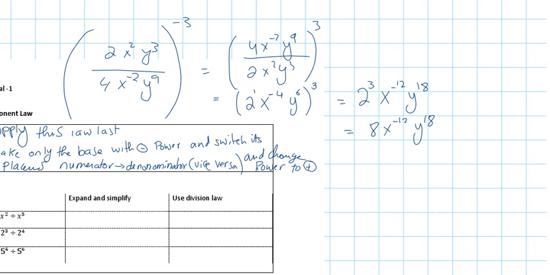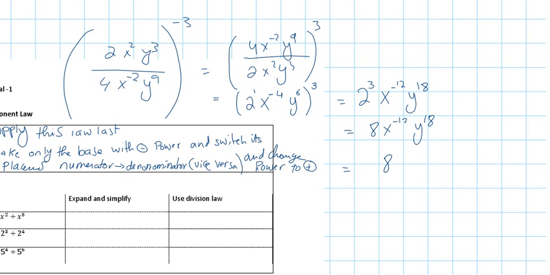So this is where you apply this law last. Now, because my final answer has a negative, I want to bring it from the numerator to the denominator to become positive, and that becomes y to the power of 18. That stays the y to the power of 18. This is the most complicated it's going to get.